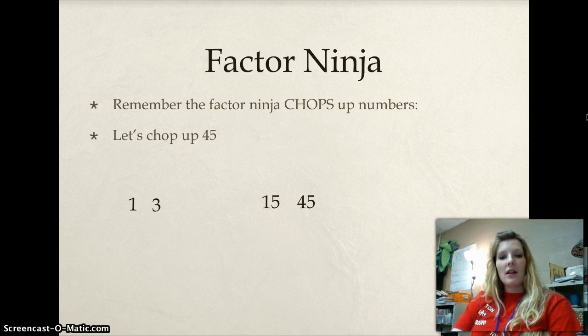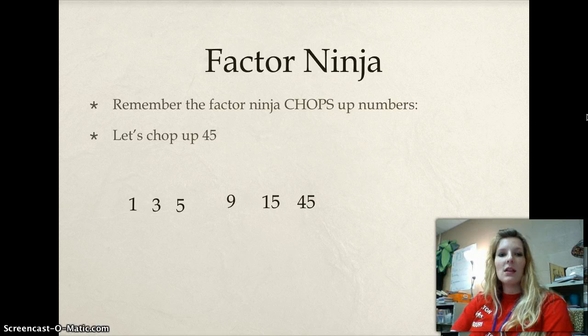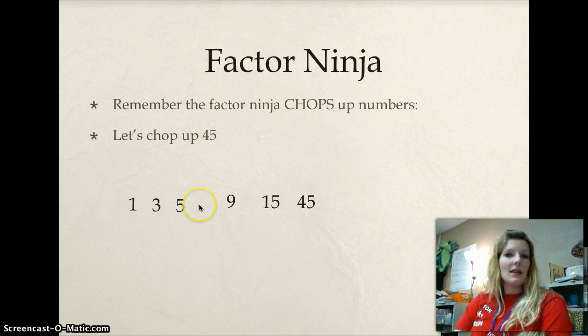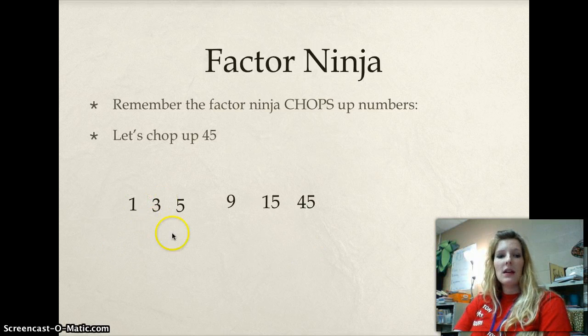Go down your 5's column, which is the next number. 5 times what equals 45? And that is 9. So these are all of the factors of 45 because 6 times nothing is 45, 7 times nothing, 8 times nothing, and then we get to 9, and we've already done that one. So the factors of 45 are 1, 3, 5, 9, 15, and 45.